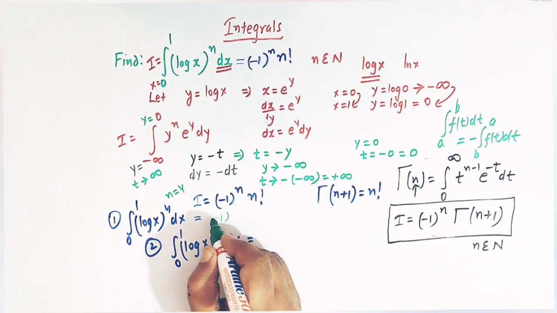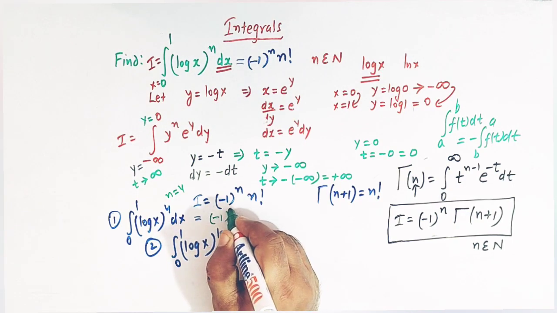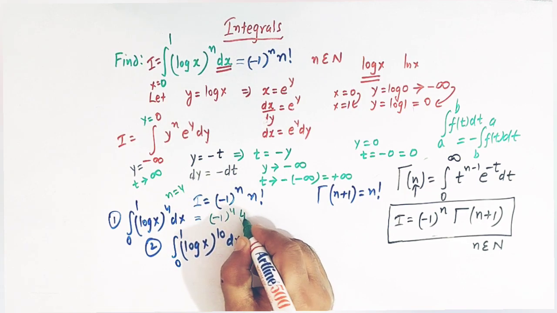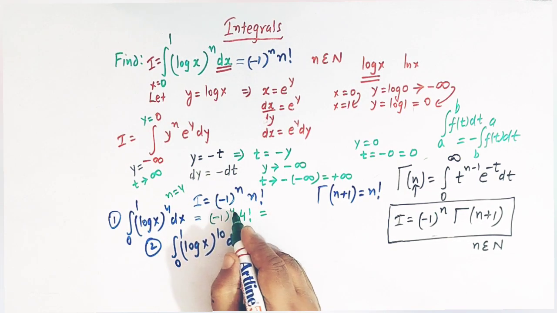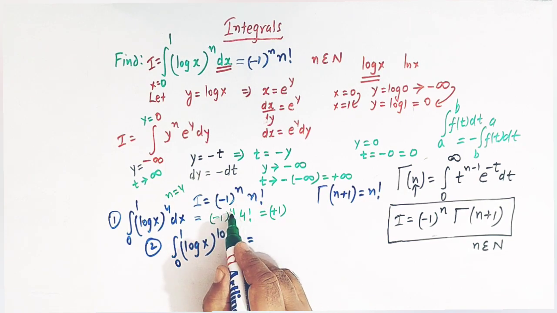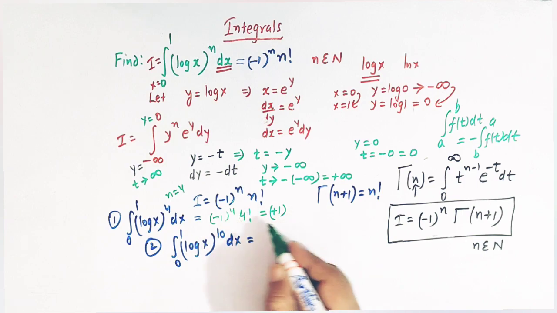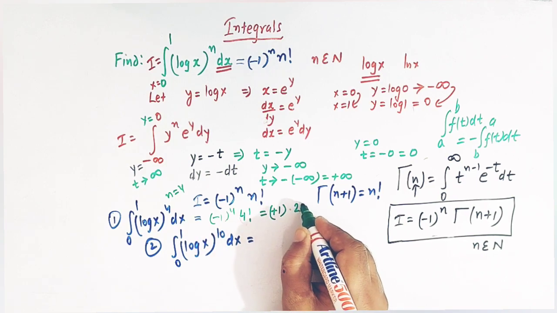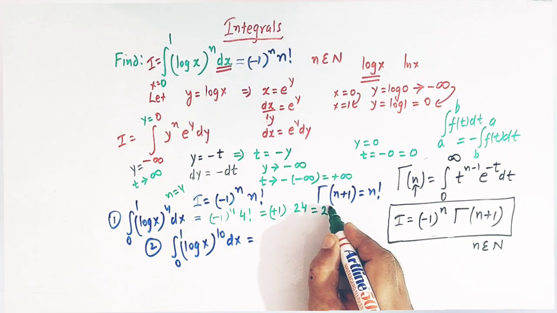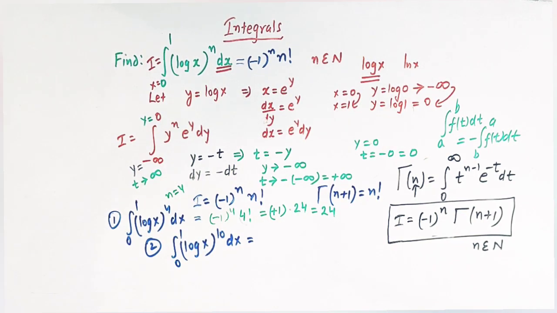So we have (minus 1) raised to 4, and then we have here 4 factorial, right? So (minus 1) raised to 4 is positive 1, because this is an even power, and 4 factorial is 24, right? So the value of this integral is equal to 24.